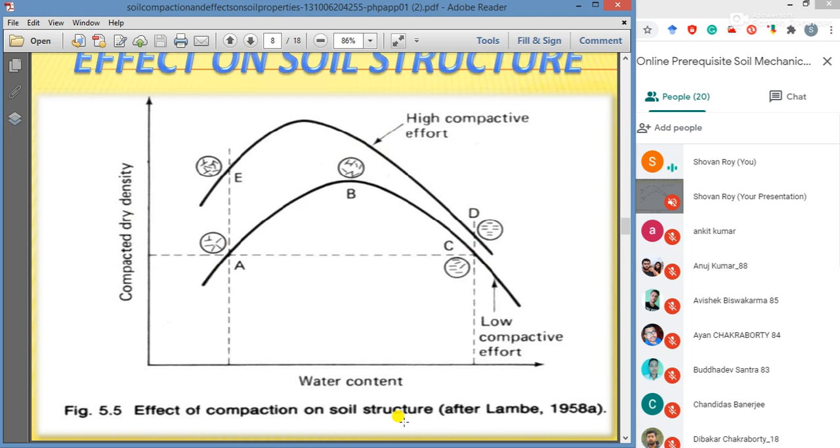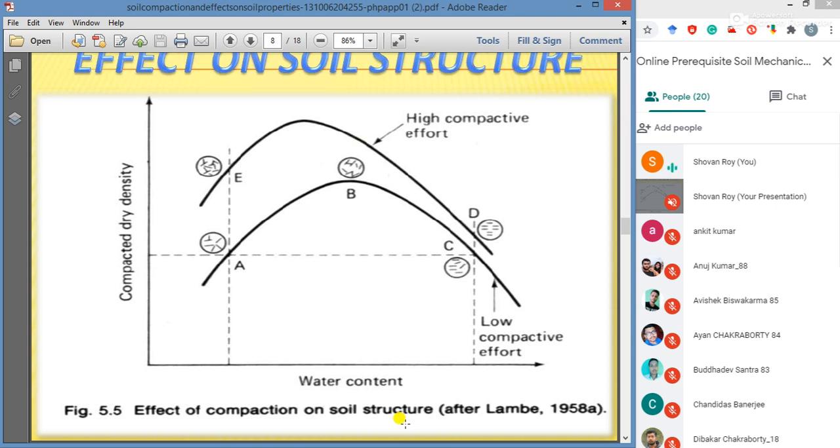This compacting energy changes the structure of the soil particles. From a practical point of view, as soil engineers we have the idea that the void ratio is changed. What is void ratio? Void ratio is the space available in the soil mass, and this space is also a hollow structure, which changes due to the compacting energy.